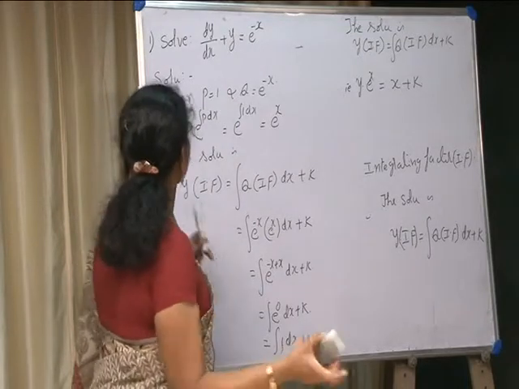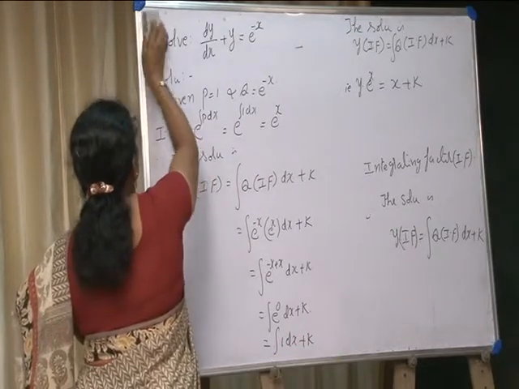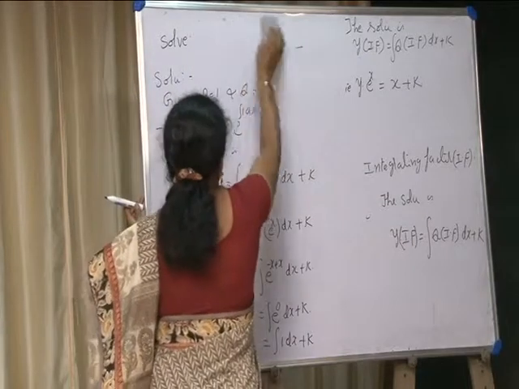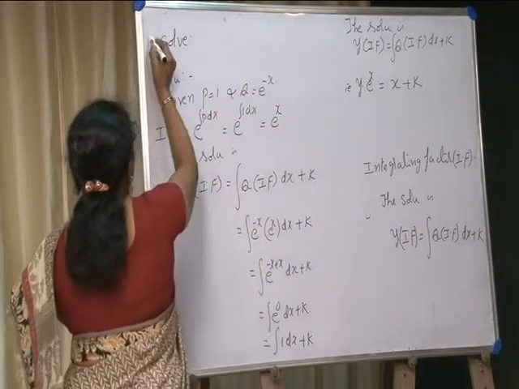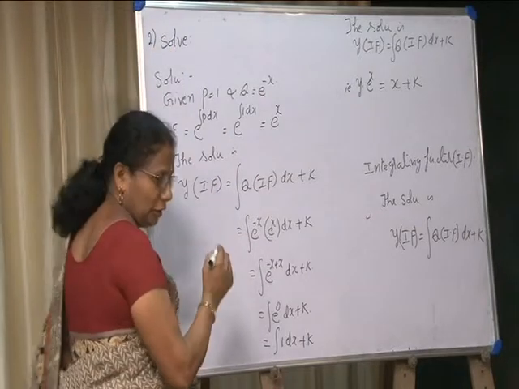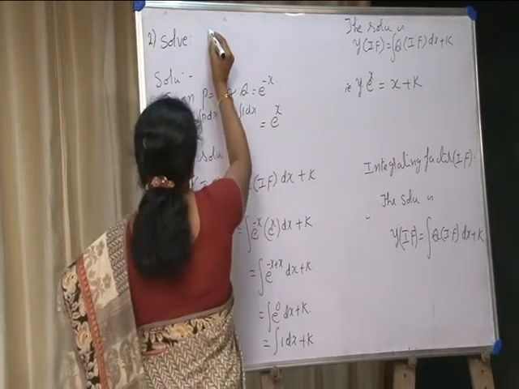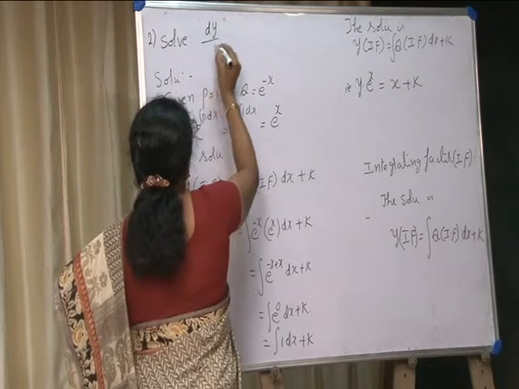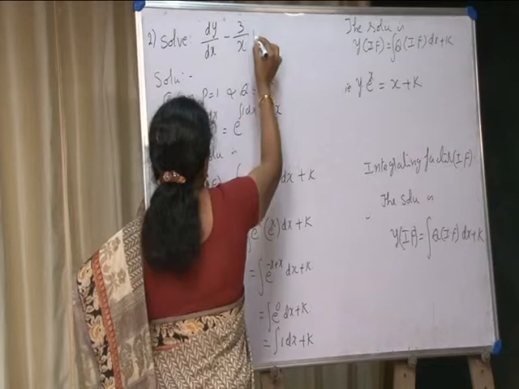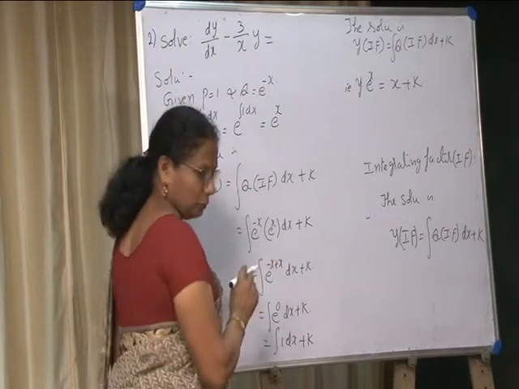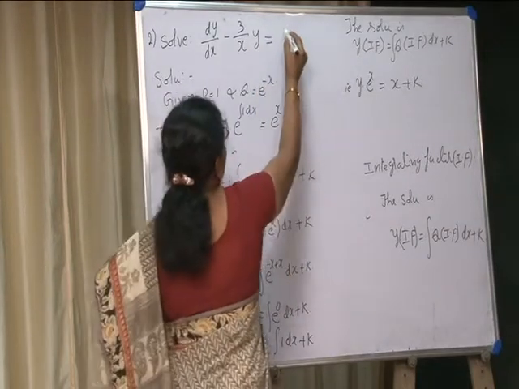The second one, solve dy by dx minus 3 by x is equal to 1 over x squared.